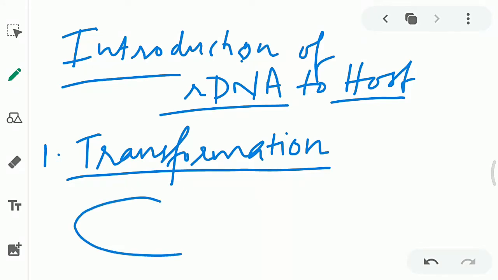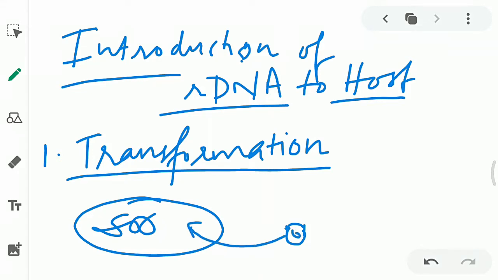Normally a bacterial cell would take up a plasmid from the surrounding without any special treatment. This is generally so. But our favorable host E. coli will not take it, and this E. coli requires some additional techniques, or additional treatments.